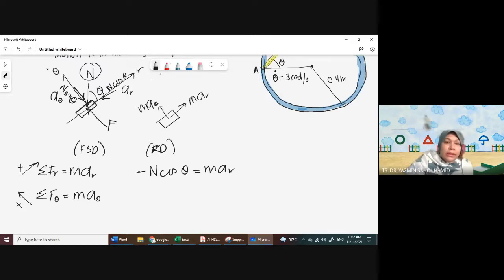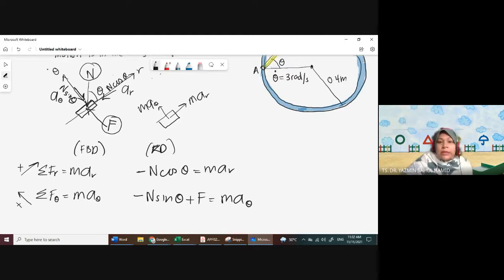And this one will be of course also in the other direction, it will be N sin theta, tapi we have another value which is F in the same direction of the transverse, so it will be plus F lah, equals to M A theta.